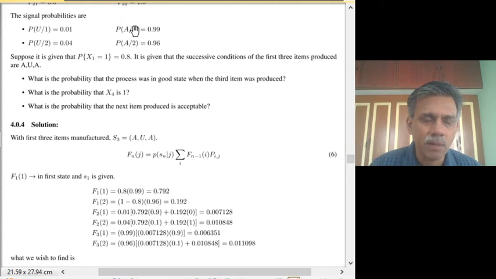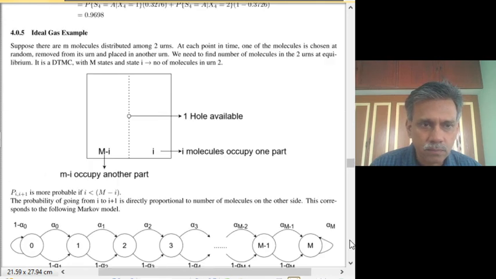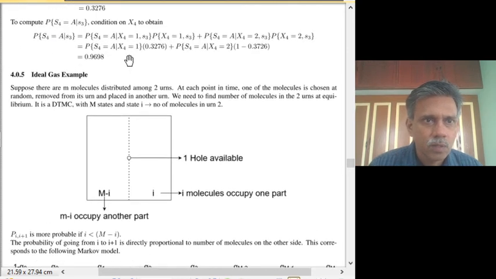So acceptable item in state 1 is 0.99, in state 2 is 0.96. So this is 0.99, this is 0.96. And these are obtained from this one, and 1 minus this.